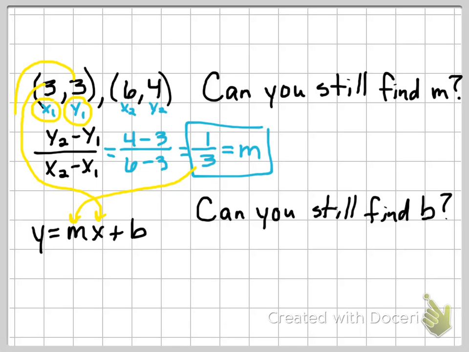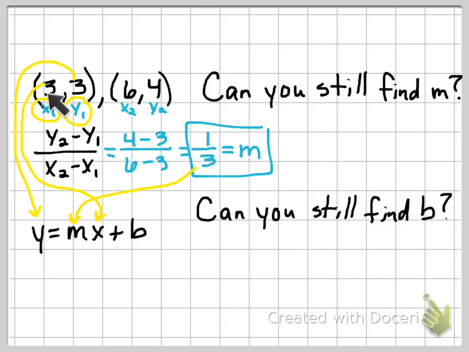And we have a y, so we can plug that in. Now, notice, I only have one m, so this has got to be what I plug in for m. But I actually have an x here and a y here. I could use these two, or I could have used this x and this y. It doesn't matter which pair I use as long as I use the x and the y from the same point.